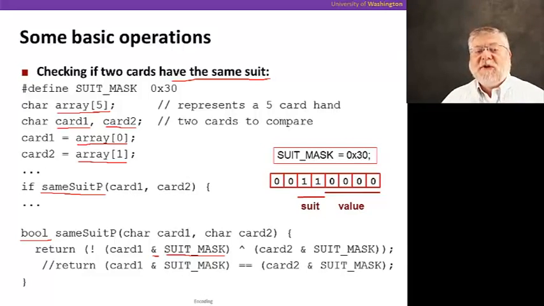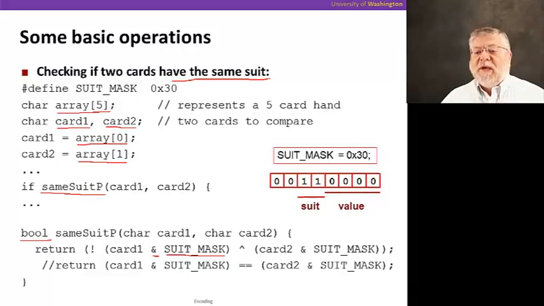All the other bits will necessarily be 0 because we have a 0 here, and 0 ANDed with anything will result in a 0. So this will essentially extract the value of the suit from the card representation. It will only have a non-zero value possibly in these 2 bits.